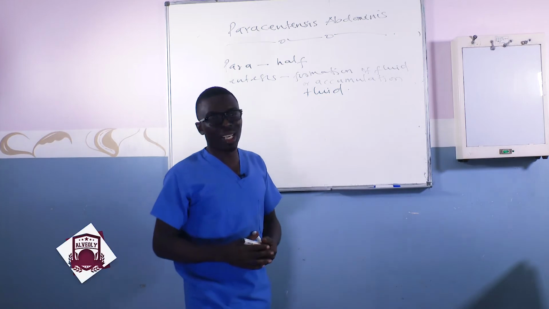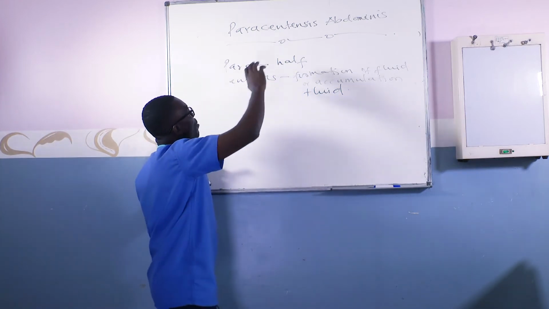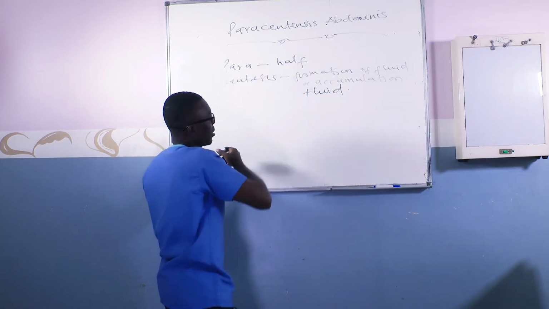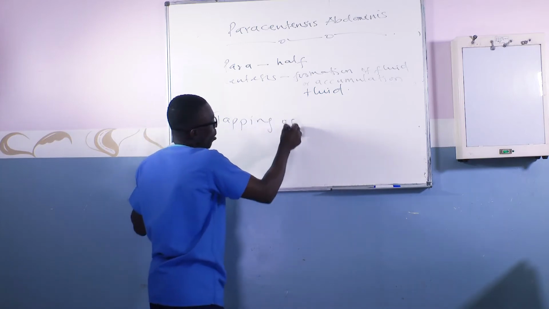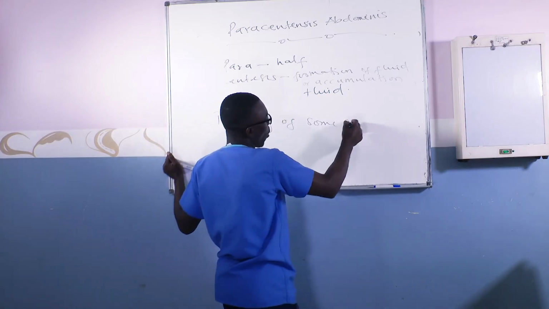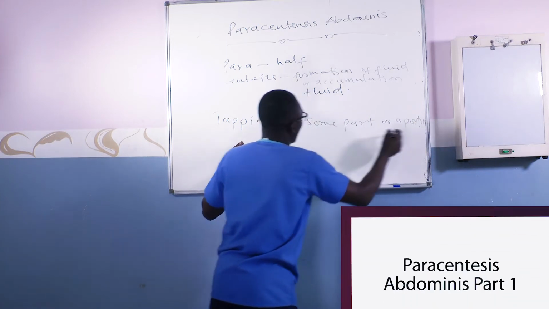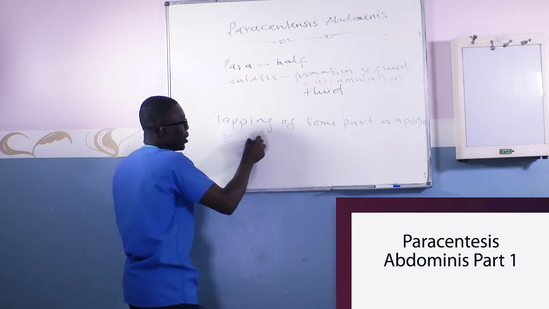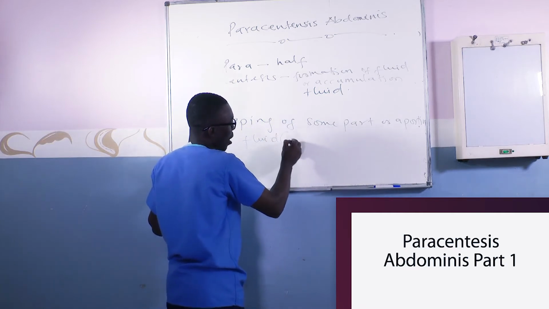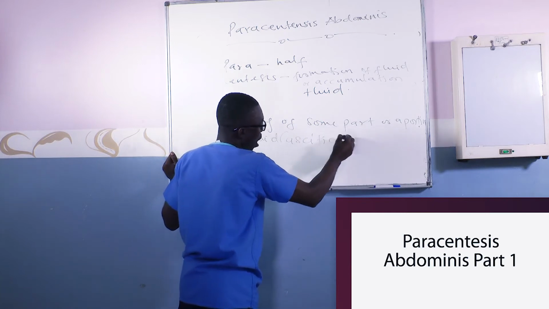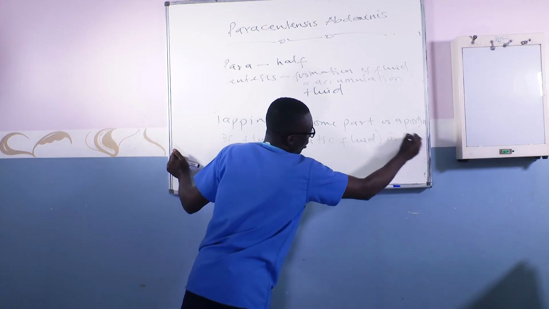Abdomen. So basically, the word paracentesis abdominis is defining what? The tapping of some part or a portion of fluid, to be specific, ascitic fluid, in the abdomen.